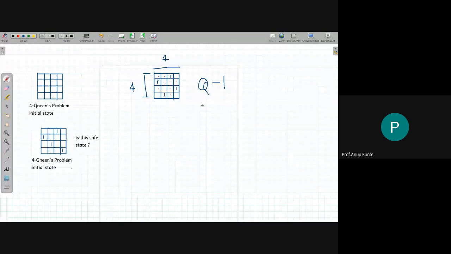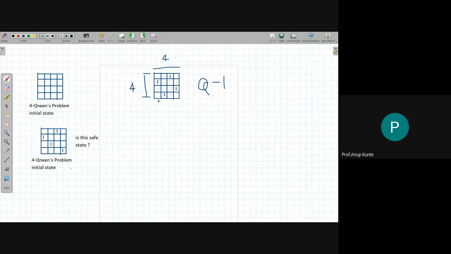So if you see the placement of all the 4 queens on this 4 cross 4 chess board, you will find that none of the 2 queens are actually attacking each other. If this was the first queen and this is the second queen, and I check what cells it attacks, it will attack these cells, but no other queen.